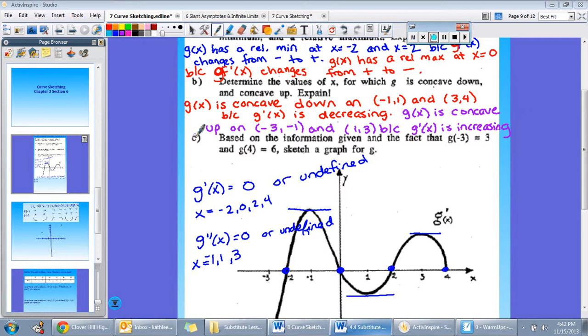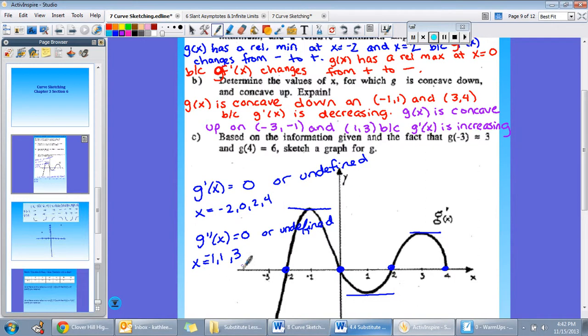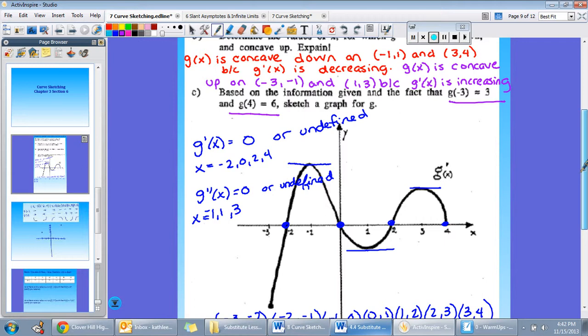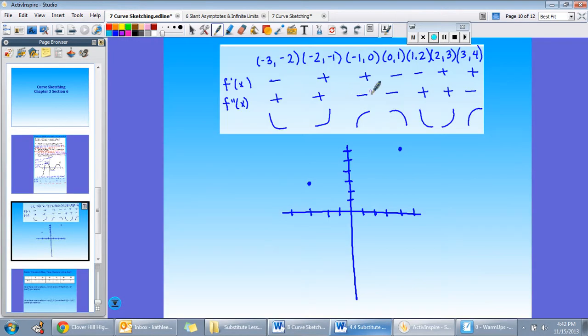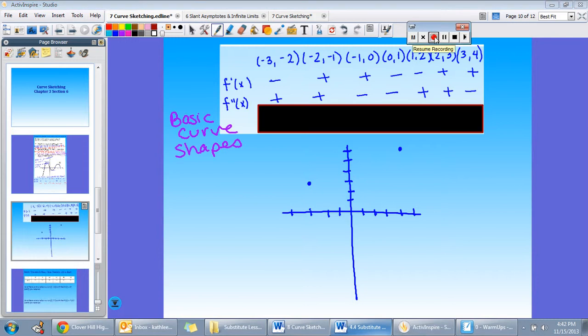Okay, then what we can do is, based on the information we got from our g prime of x graph and these 2 points, we can sketch a graph for g of x. So the first thing we're going to need to do is get basic curve shapes.